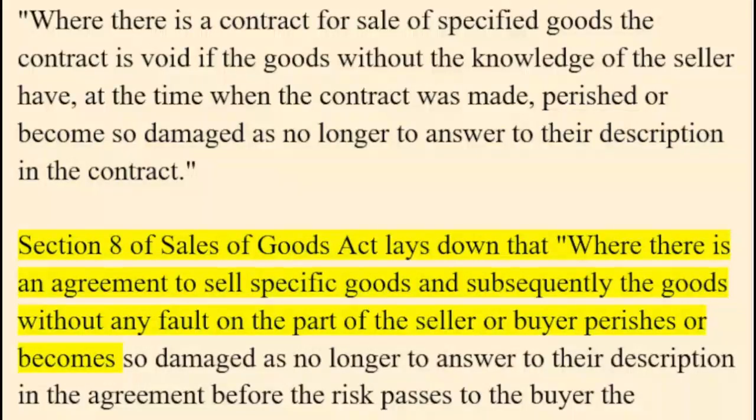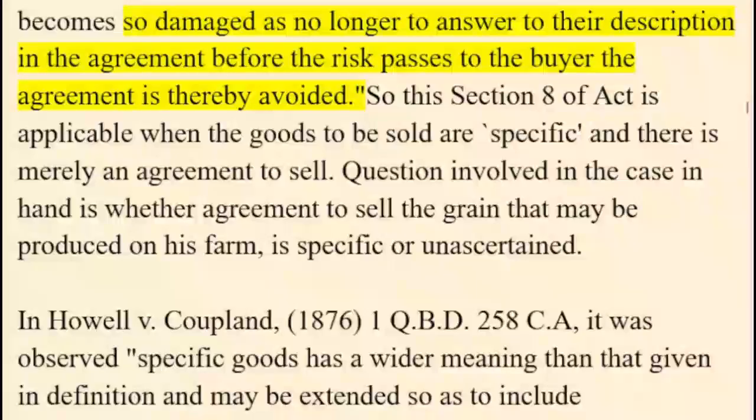Section 8 of the Sale of Goods Act lays down that where there is an agreement to sell specific goods and subsequently the goods, without any fault on the part of the seller or buyer, perish or become so damaged as no longer to answer to their description in the agreement before the risk passes to the buyer, the agreement is thereby avoided.